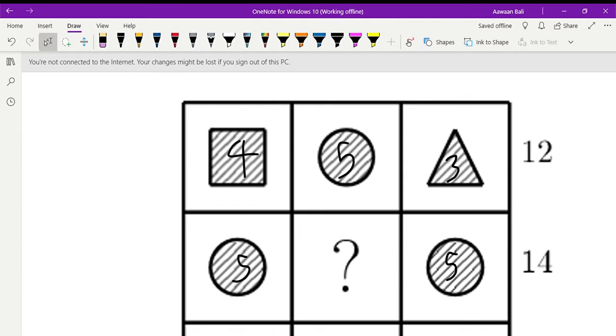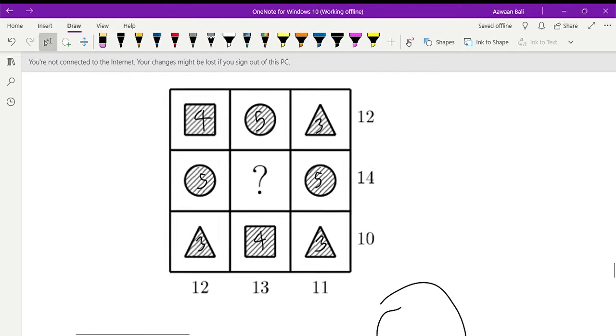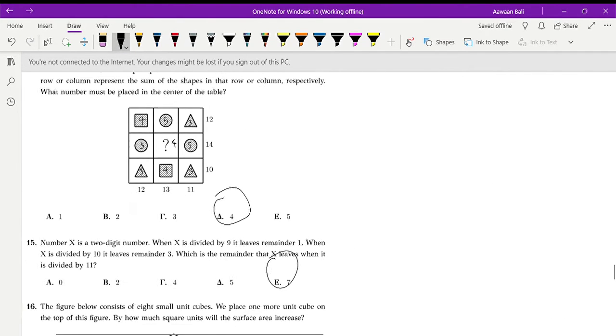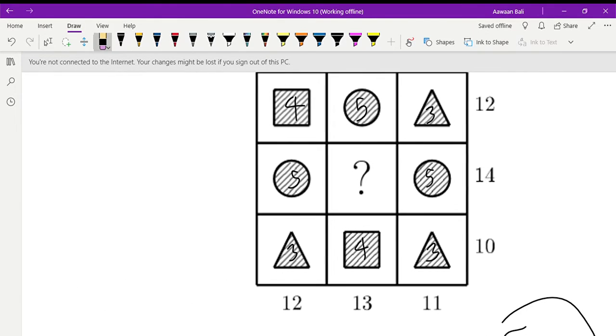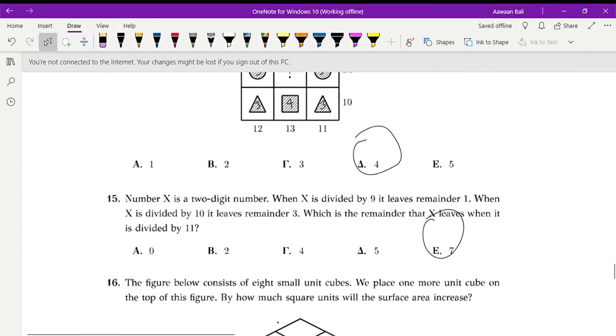Anyways, it's 3, 4, 5, so it makes sense in a way. Once you substitute all the values, you get 10, 5 plus 5, 10. 14 minus 10 is 4, which means 4 will go there, and that's actually a square. So that square would go there. So you could say the answer is delta, 4. It's D, basically.